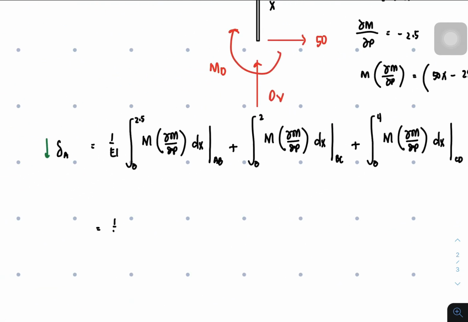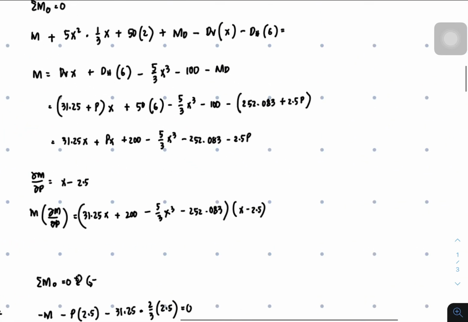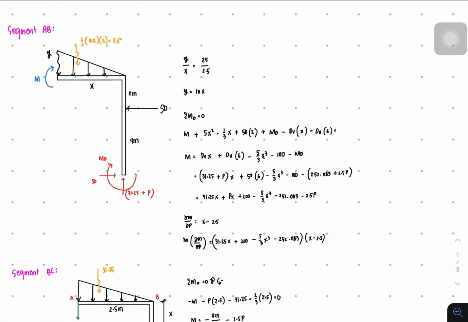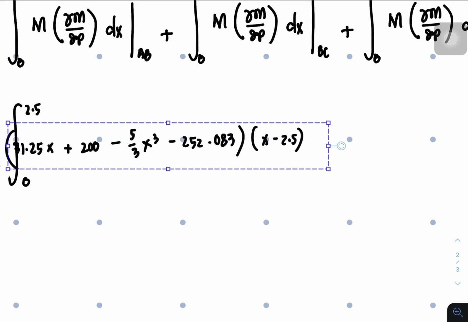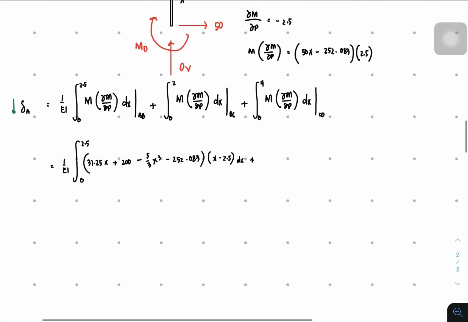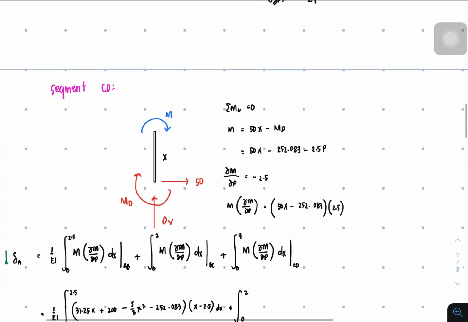Okay, in that case, we can now get the 1 over EI of the integral from 0 to 2.5 of AB. This is our AB. And this is dx. Then plus the integral from 0 to 2.